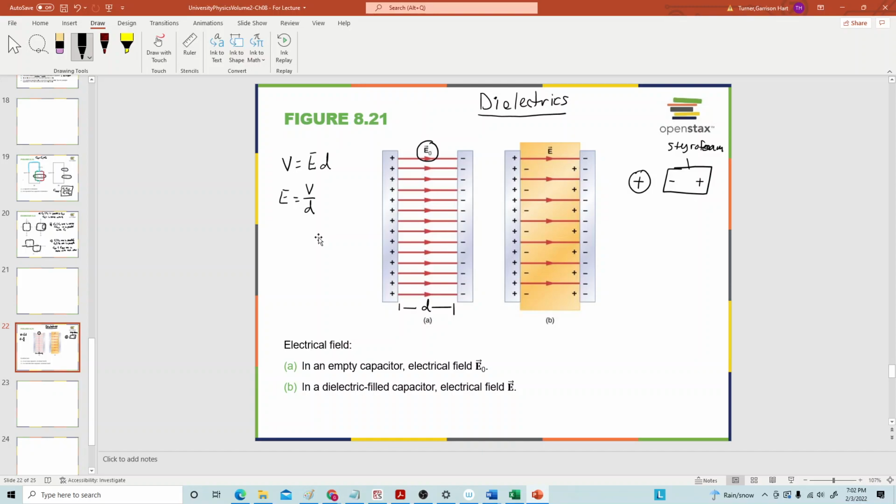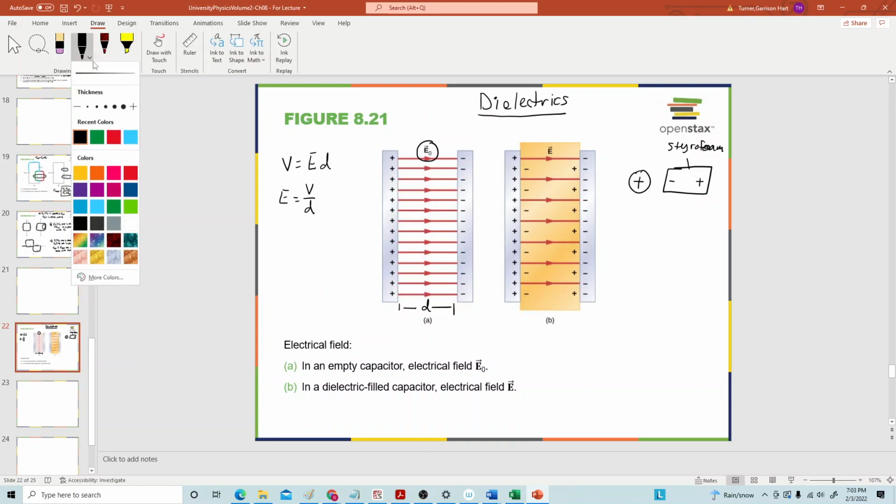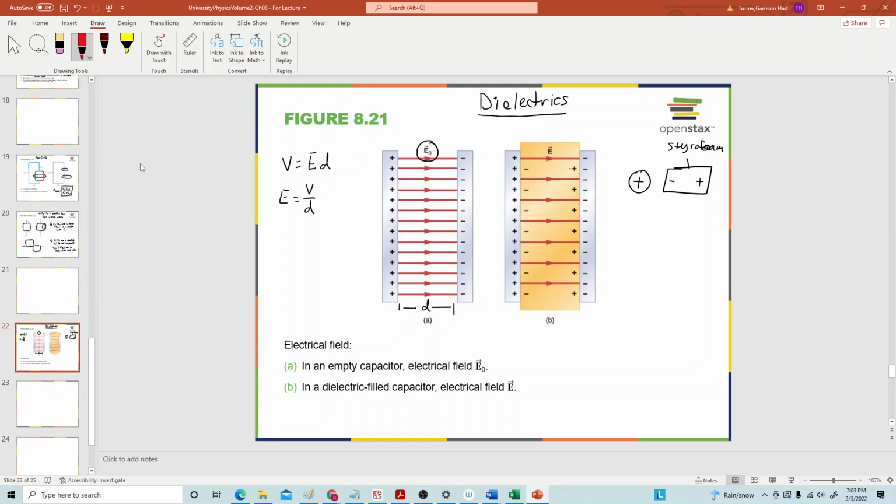Well, when you have this particular kind of situation, because the negative charges in the insulating material are going to congregate toward the positive plate, and the positive charges are therefore going to be left to congregate near the negative plate, these produce their own internal electric field this way. It's not quite as strong.